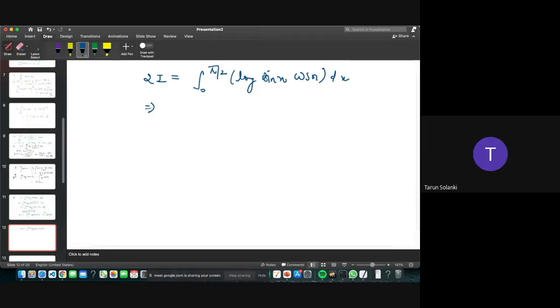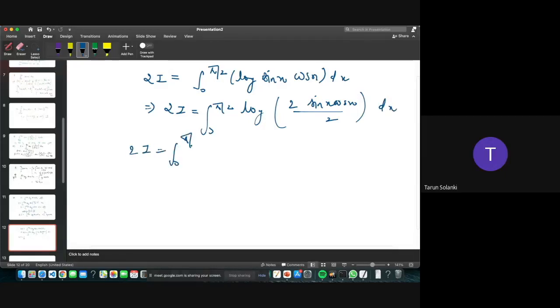So this 2I is equal to the integral from 0 to pi by 2 of log of (2 sin x cos x) by 2 dx. So 2I is equal to the integral from 0 to pi by 2 of log of (sin 2x by 2) dx.